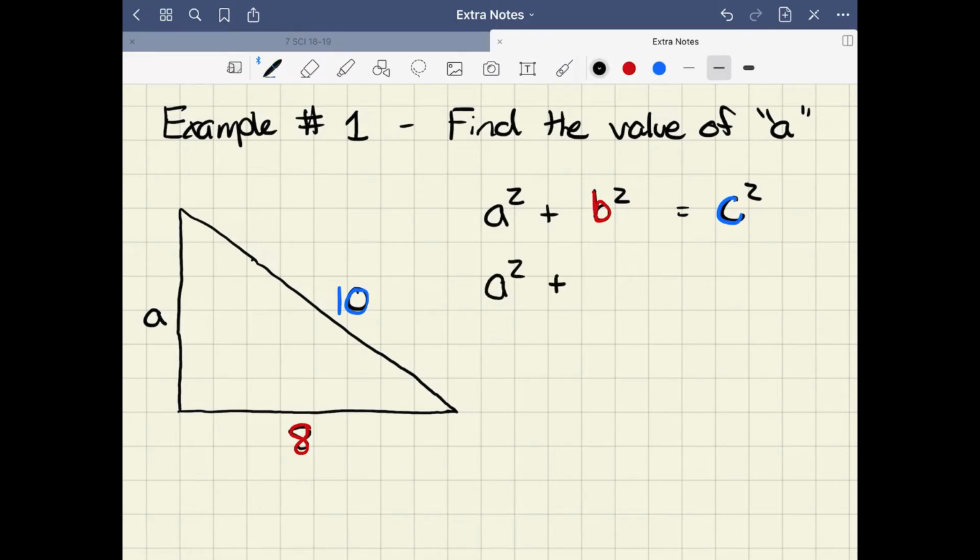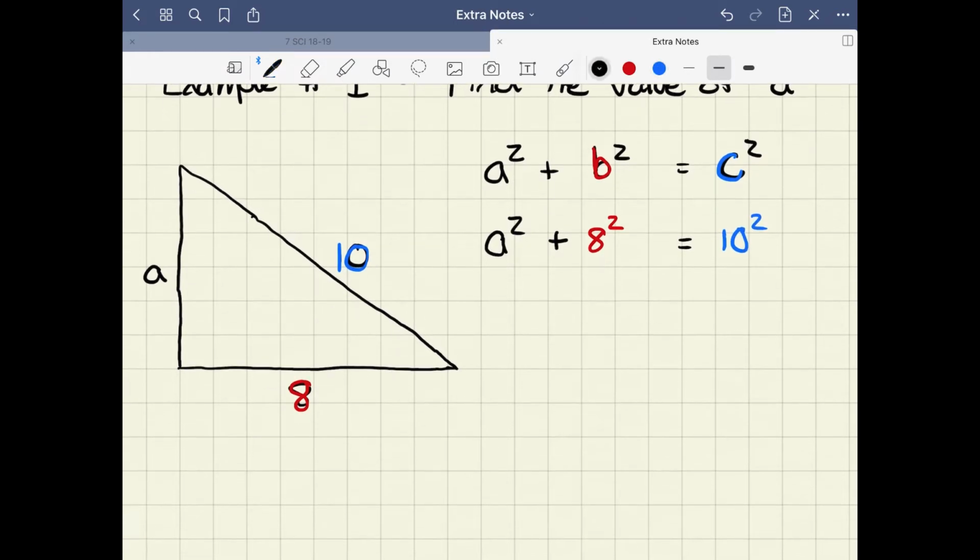A squared plus 8 squared equals 10 squared. Now, we're going to copy everything down, but simplify this time. So 8 squared, 8 times 8, is going to be 64. 10 squared is going to be 10 times 10, which is 100.